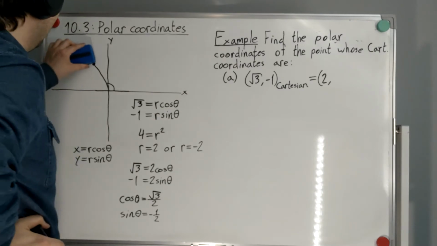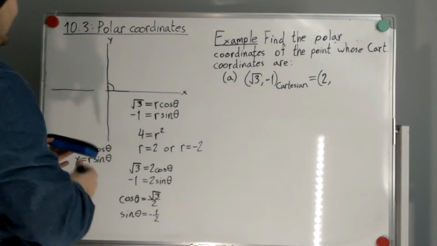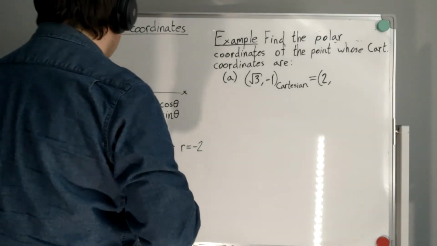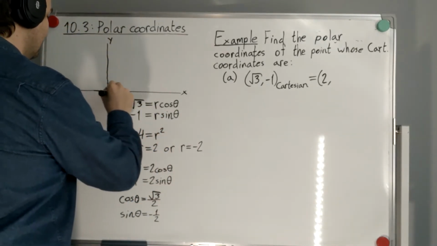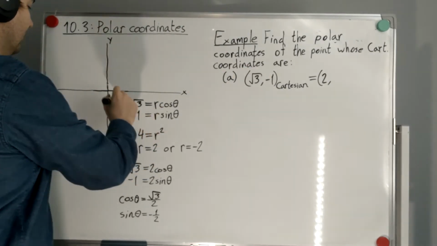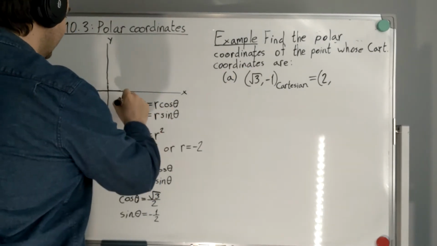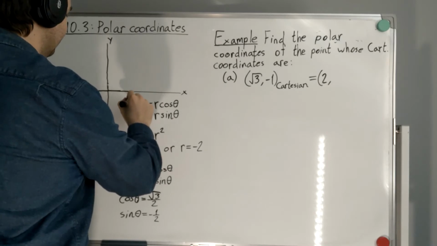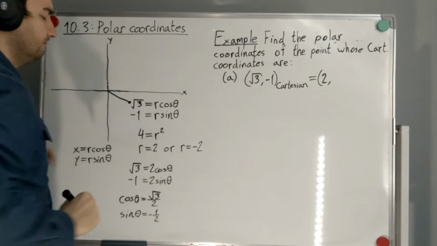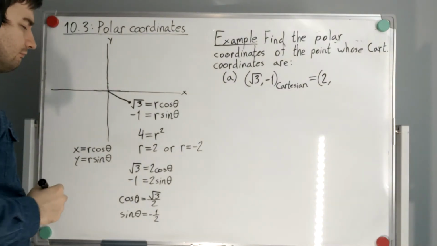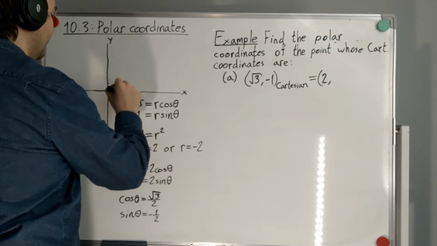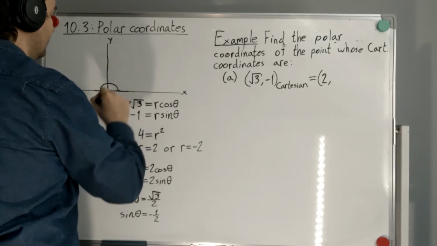Gonna have to put some kind of errata in the description of this video. Actually, this is root 3 along the x-axis and then negative 1 down. So actually, this should be more like here. Sorry about that. So then if we're finding an angle between 0 and 2 pi, we're trying to find this angle right here.